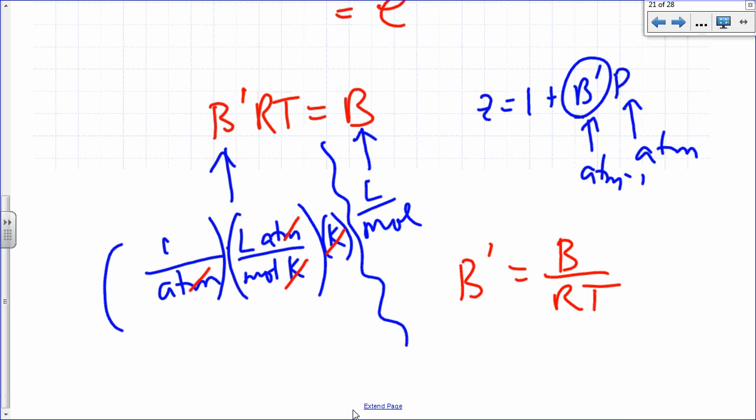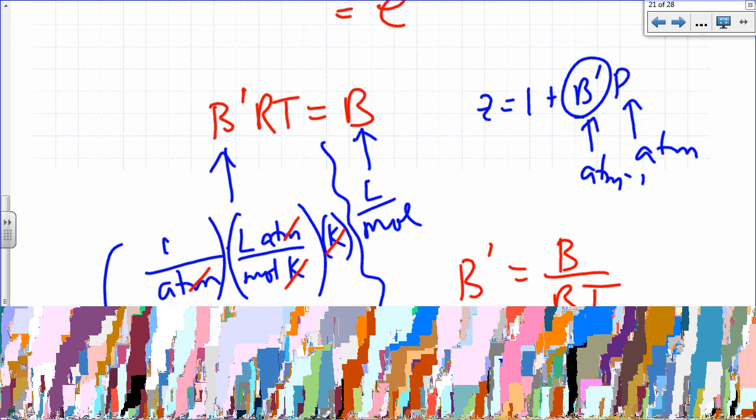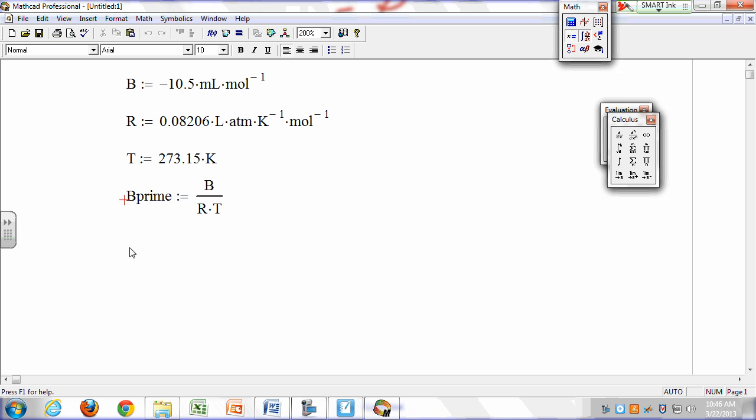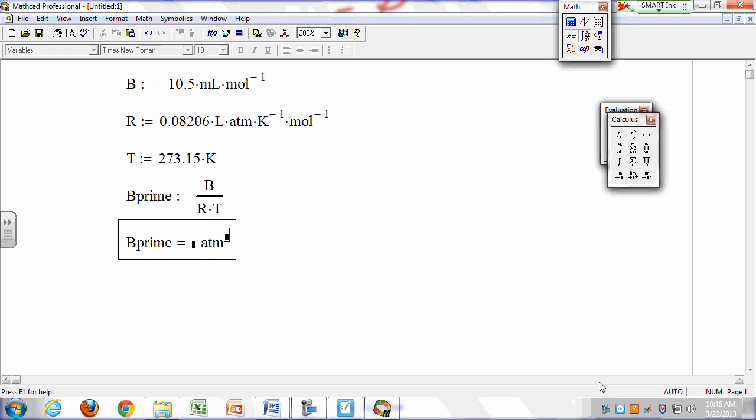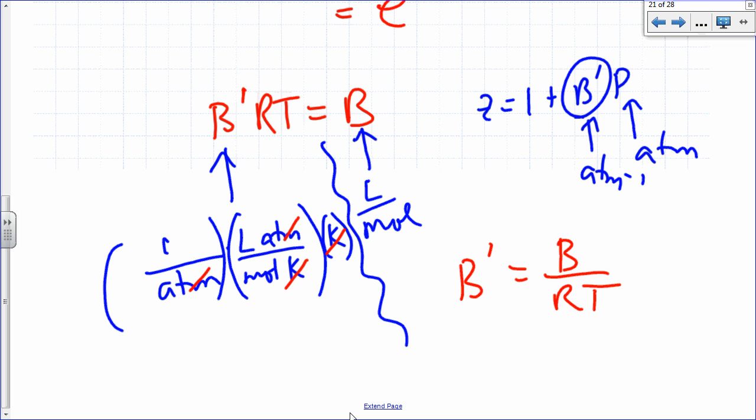So now we have B prime equals, okay, that's the unit. Let me put that in per atmosphere, atmosphere raised to the negative 1. So B prime is negative 4.684 times 10 to the negative 4, so negative 4.68 times 10 to the negative 4 per atmosphere.